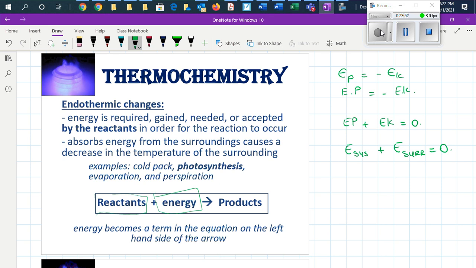In other words, when we see this reaction, we can express it as being on the other side, with a negative sign. So what is happening to the surroundings? The surroundings are losing kinetic energy because the reactants are gaining potential energy.